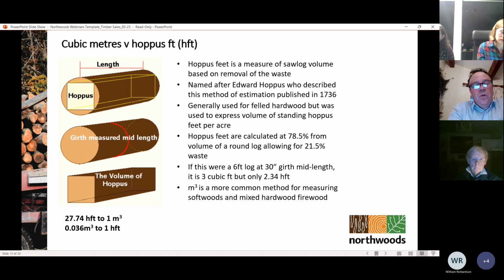Now, 1 cubic metre of timber in cubic feet is about 35 cubic feet, but with the hoppus measure, you get 27.74 hoppus feet per cubic metre of logs. If you try and sell them logs measured in cubic metres, they scratch their heads and put you an offer in hoppus feet. So I'm afraid that's how it's measured.